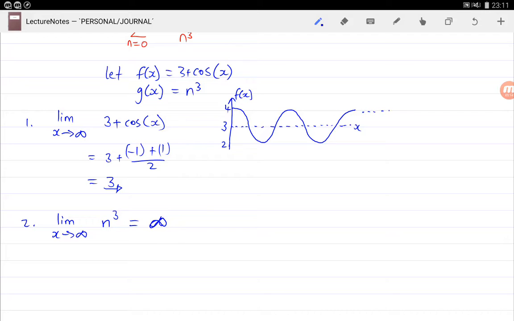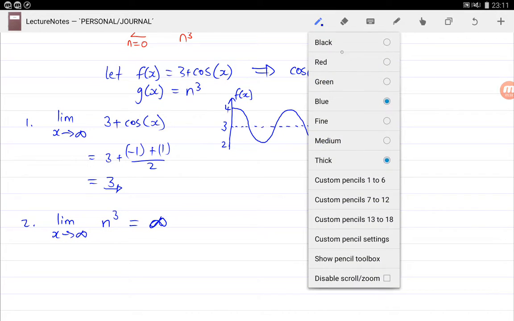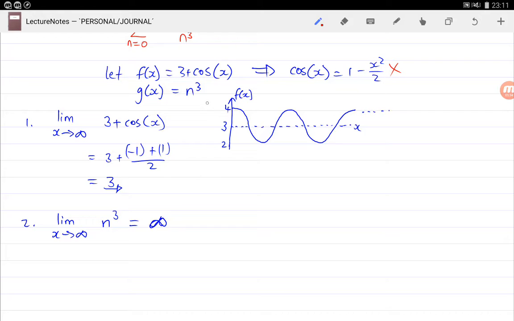That should be straightforward. One thing to remember is that we cannot use an identity here. We cannot use the small angle approximation such that cos x is equal to, I think it's 1 minus x squared over 2. No, we cannot do this, because this only works when x is very small. When x starts getting bigger, this approximation is not true.